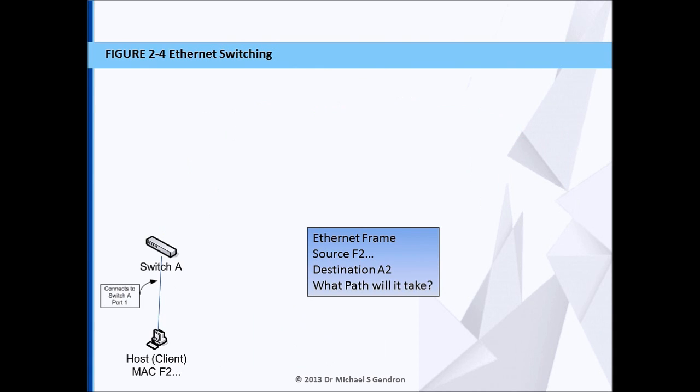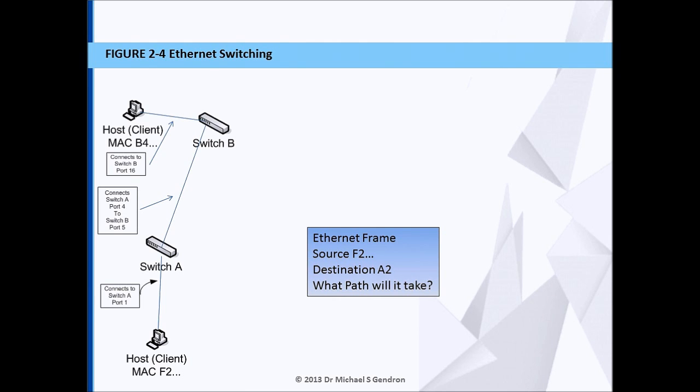So let's start. We have host client MAC F2 connecting up to switch A of our local area network. It connects to port 1 on switch A. Let's add the next connection that we're interested in. Switch A connects its port 4 to switch B port 5.